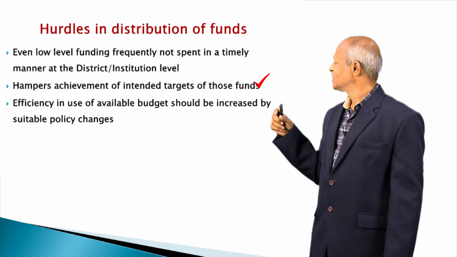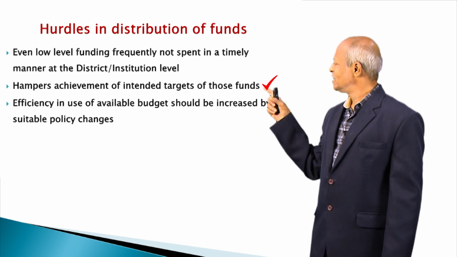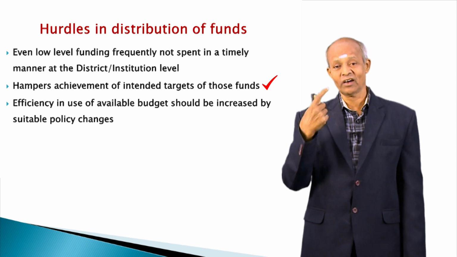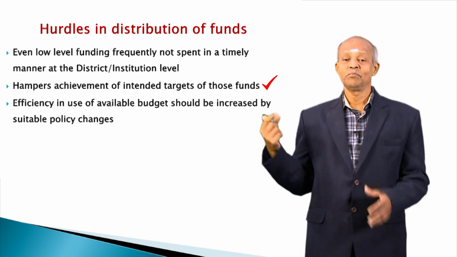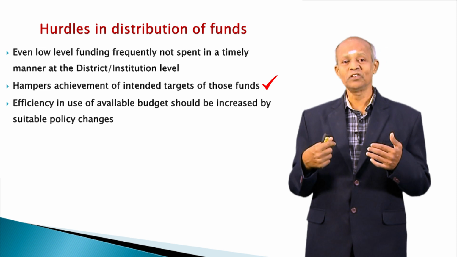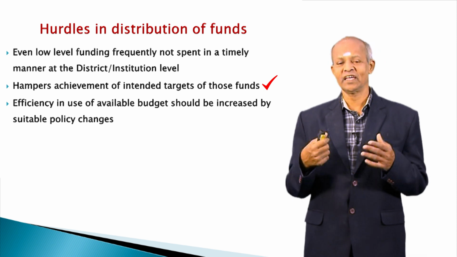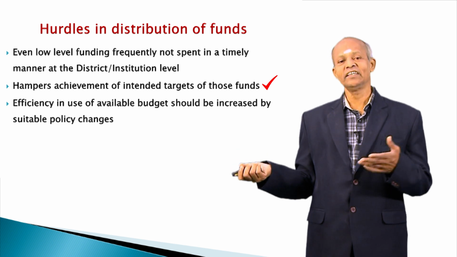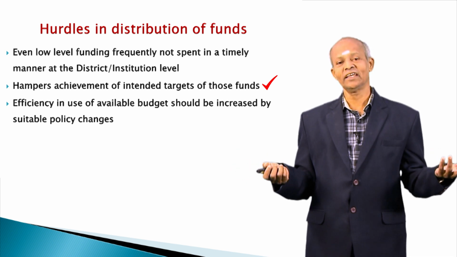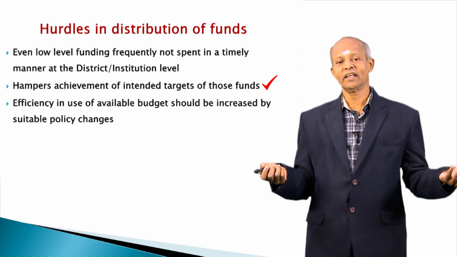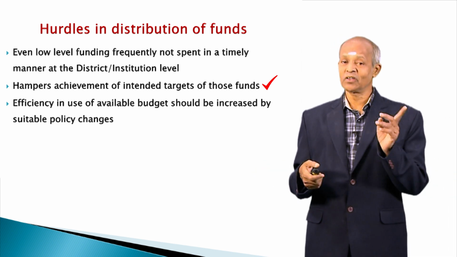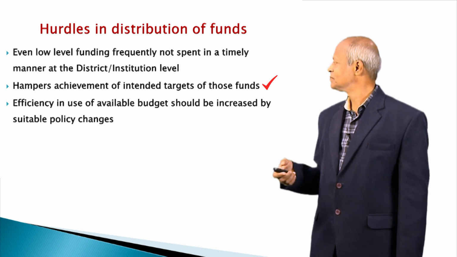Number 2, it hampers achievement of the intended target. Suppose there is a target purpose, many times the money is not used for it. Suppose I want to create a science lab, but instead I create an art and craft room or a ground, then it is not solving the purpose of the target.